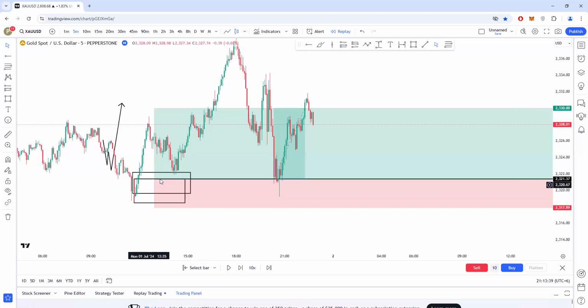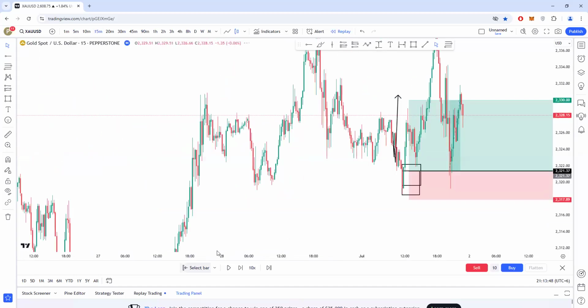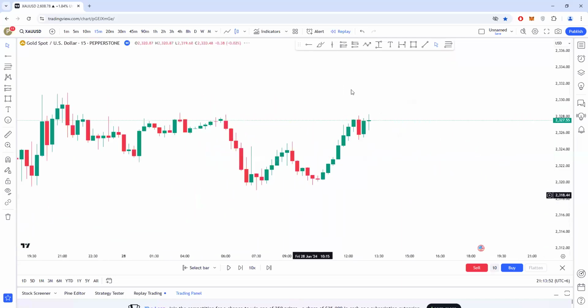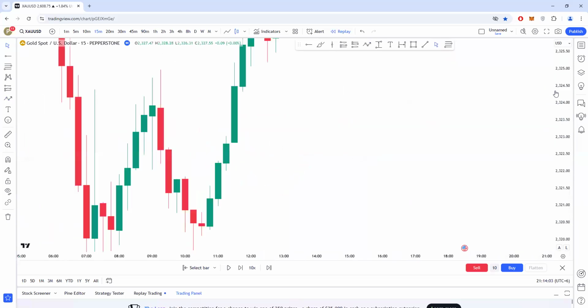So is this setup also clear to everyone? Great, and let us move to a few more examples. What do you guys see here? Red, green, red. W pattern. And what do we have with that W?